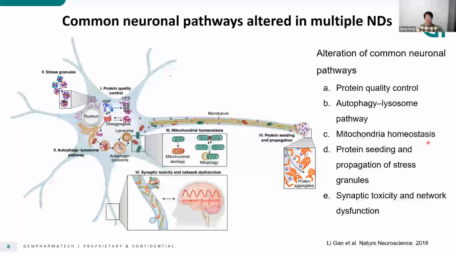Besides protein seeding and propagation, there are some common neuronal pathways that operate in multiple neurodegenerative diseases, including protein quality control and autophagy-lysosome pathway changes. Some neurodegenerative diseases can also affect mitochondrial homeostasis and induce synaptic toxicity, causing neuronal dysfunction.